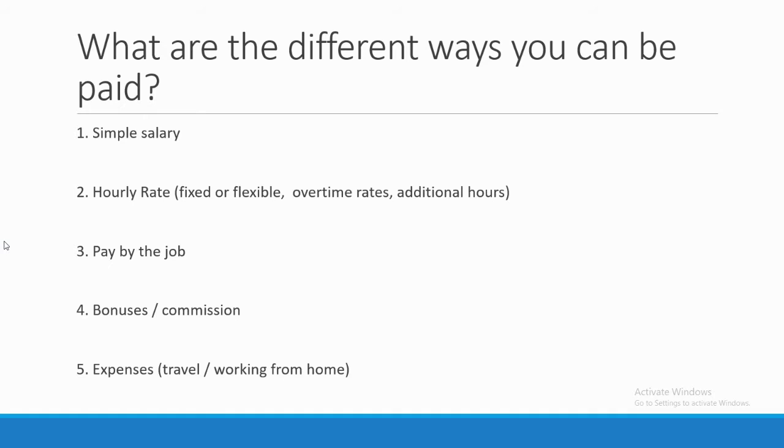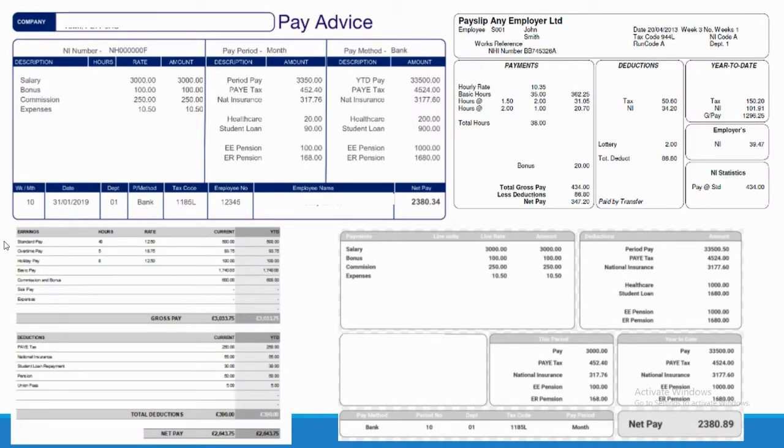So there are little extra expenses that you can get paid there. That's all in this first section here. So you can see salary, bonus, commission, expenses, hourly rate, basic hours, different rates of hours, etc. Very similar on the other ones.